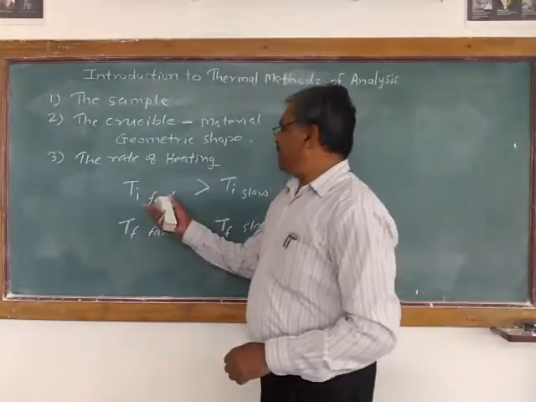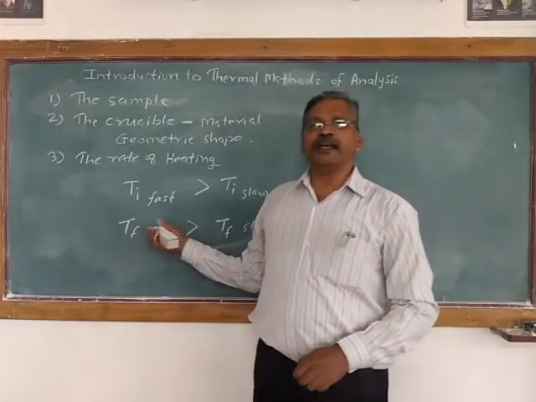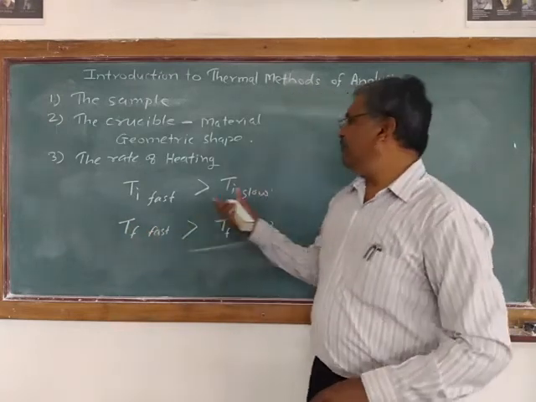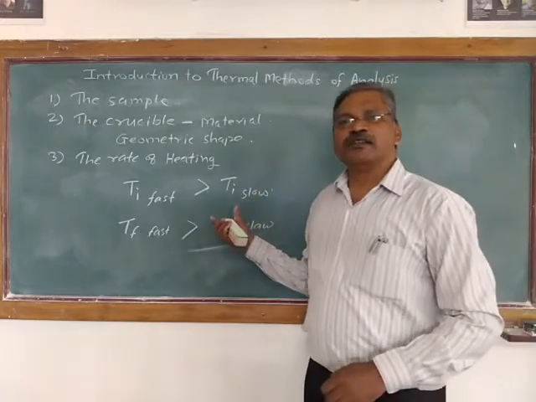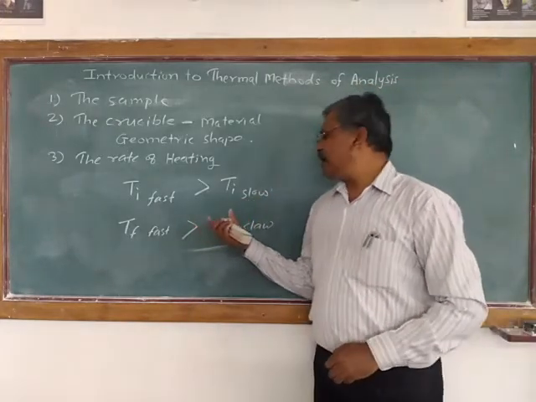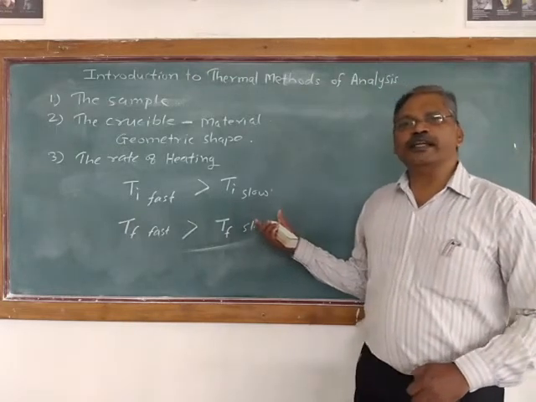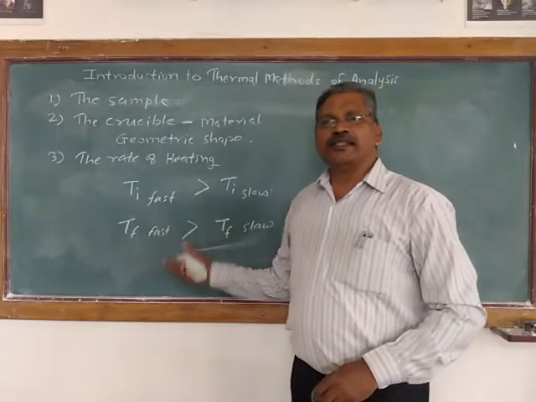So the initial and final temperatures recorded at a high heating rate have larger values, and at a slow heating rate they have lower values.